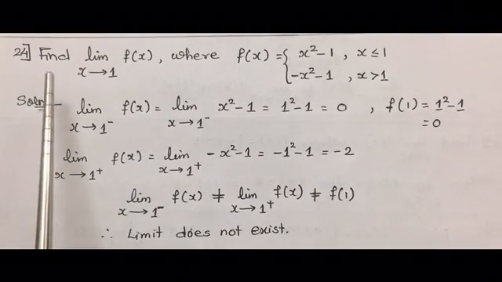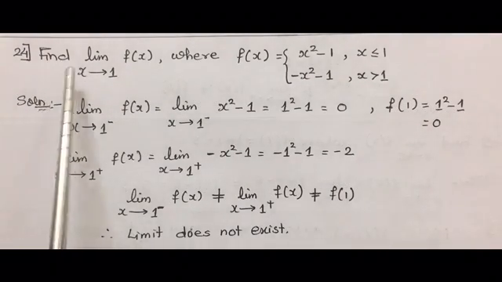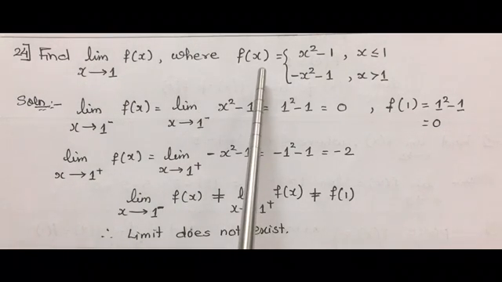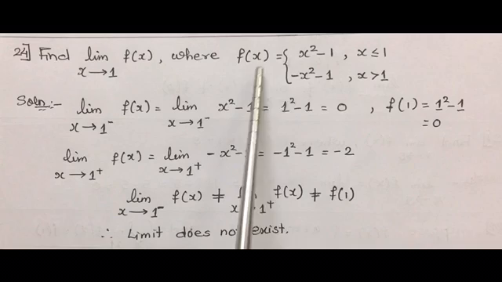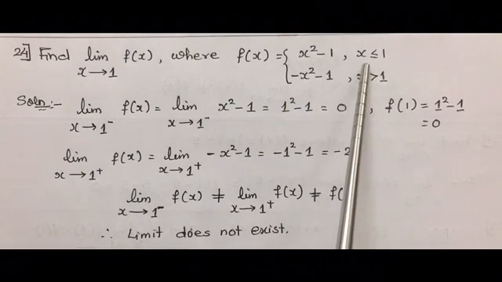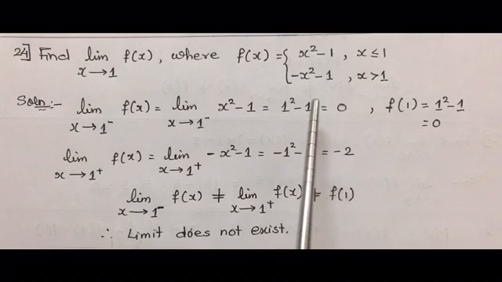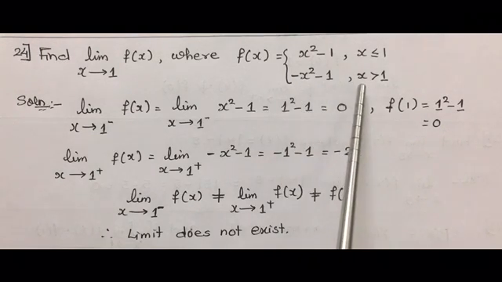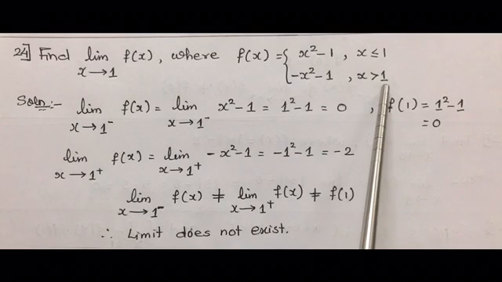24th one is find limit x tends to 1 of f(x), where f(x) is equal to x square minus 1 when x is less than or equal to 1, minus x square minus 1 when x is greater than 1.